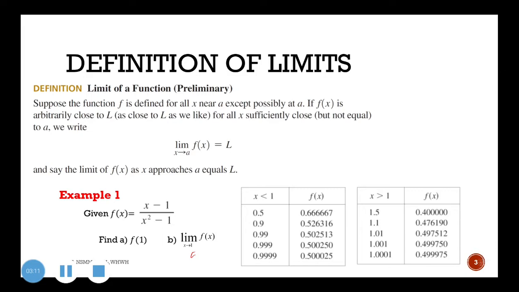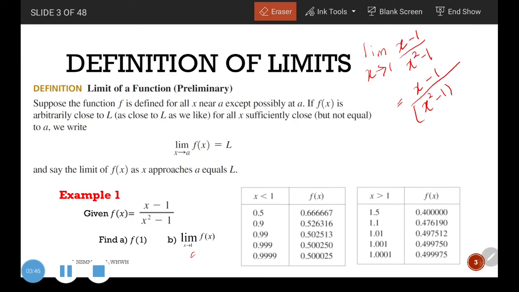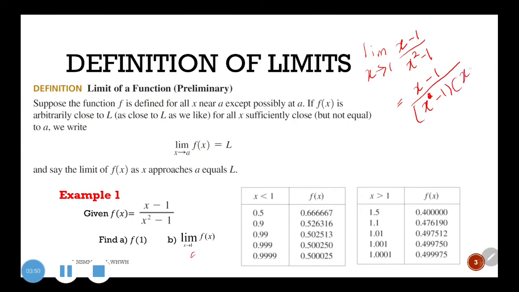So let's see, this is B. So f(x) here is x squared minus 1 can also be written, then substitute x with 1 here, so then you will get 1/2.